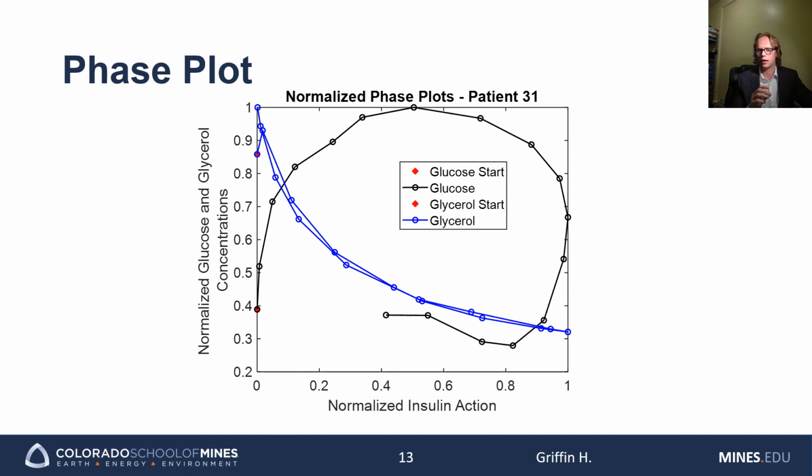Now, you can see our glucose is in black, and we have a cyclic pattern here where our glucose will increase while insulin stays relatively constant. Insulin will increase while glucose stays relatively constant. And then the opposite, in a you-go, I-go fashion. In contrast, glycerol is going to decrease while insulin is increasing and then going back, right? So we've got a crescent shape here.